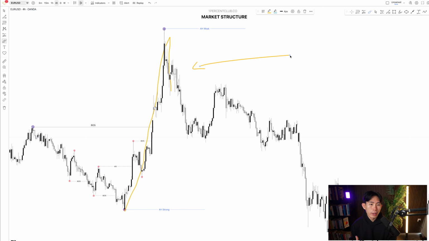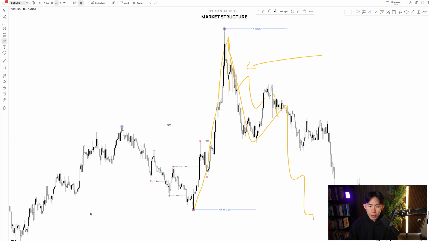How do we know whether it's just a pullback for price to retrace, pause, and catch a breather before continuing up, or whether it's a real reversal where the trend direction is shifting bearish, the swing structure is going to change from bullish to bearish, and price is just going to absolutely collapse like what it has done right here? How do we know? Well, we don't. We don't know until price actually breaks structure.